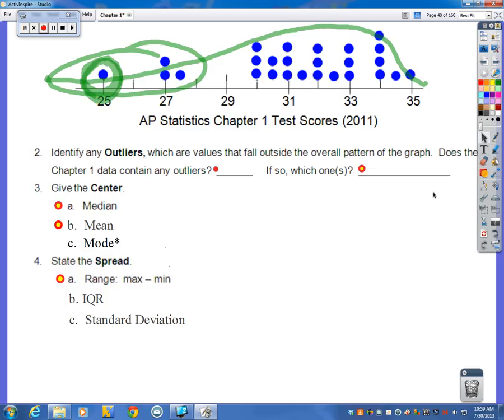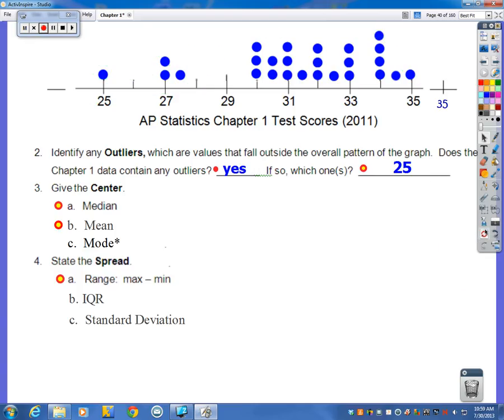Again, some of you might say yes, some of you might say no. And again, in some future videos, we will talk about is 25 an actual outlier. So let's say yes, let's call 25 an outlier there. It's kind of far away from all the others, but are the 27s far enough away? Maybe, maybe not. Maybe you call them outliers as well for right now. But again, later we will more mathematically show that.